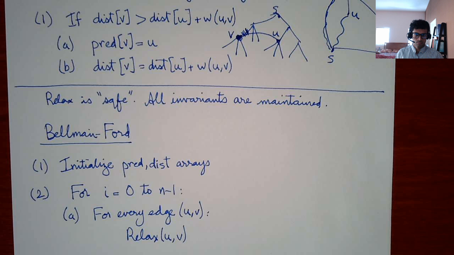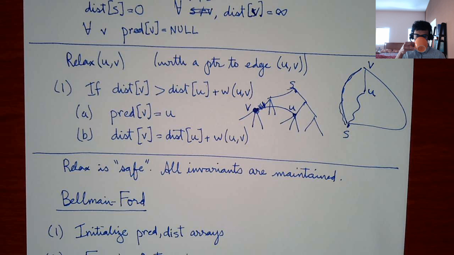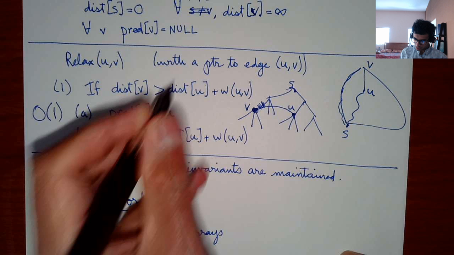Let's understand what the running time of the algorithm is. First, what is the running time of relax? How long does it take? Order 1, exactly, because you have a pointer to the edge. So all you have to do is look up the weight, and then make these comparisons.